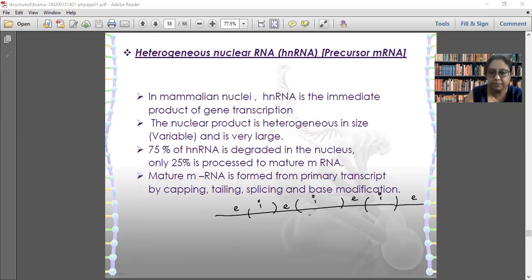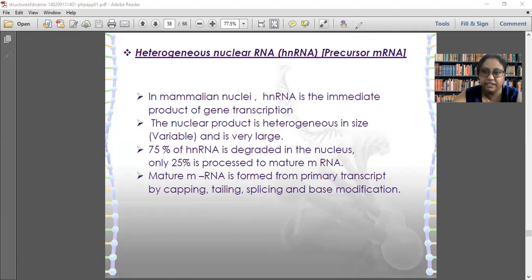So what happens is here, they remove the not useful part and create the messenger RNA. This is prominent in case of eukaryotes. So each HnRNA has both the useful and non-useful part of RNA, and messenger RNA has only the useful part of RNA. That is the importance of messenger RNA and HnRNA.